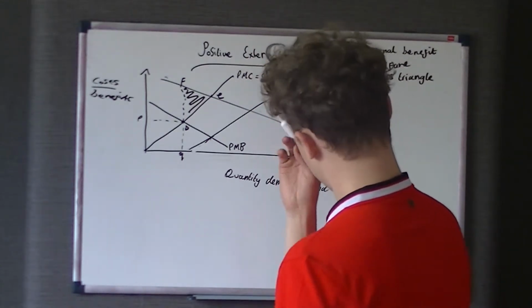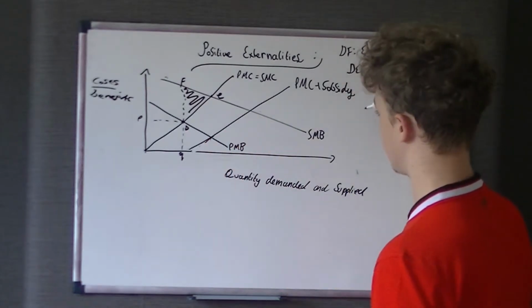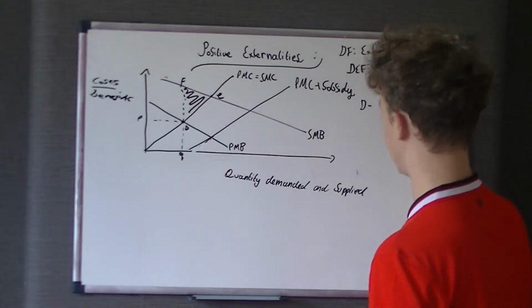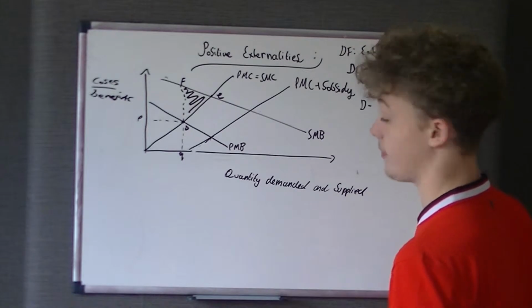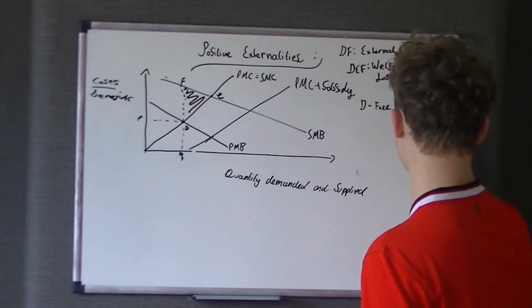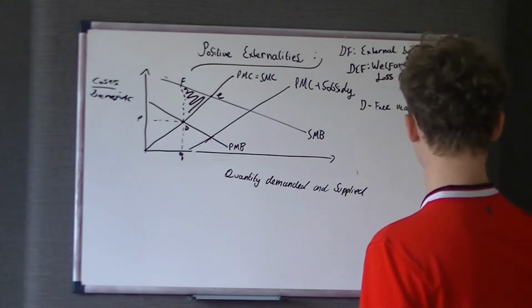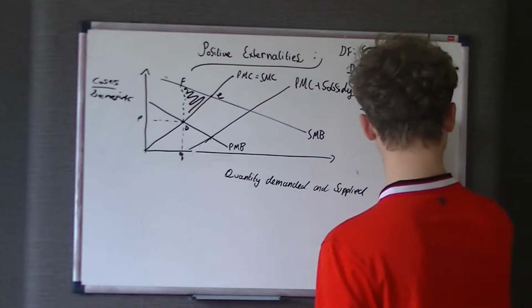Instead of writing equilibriums on here, I'm just going to write it at the side because it seemed to mess things up last time. So D, where the private marginal benefit curve intersects the private marginal cost curve, we've got the free market equilibrium.